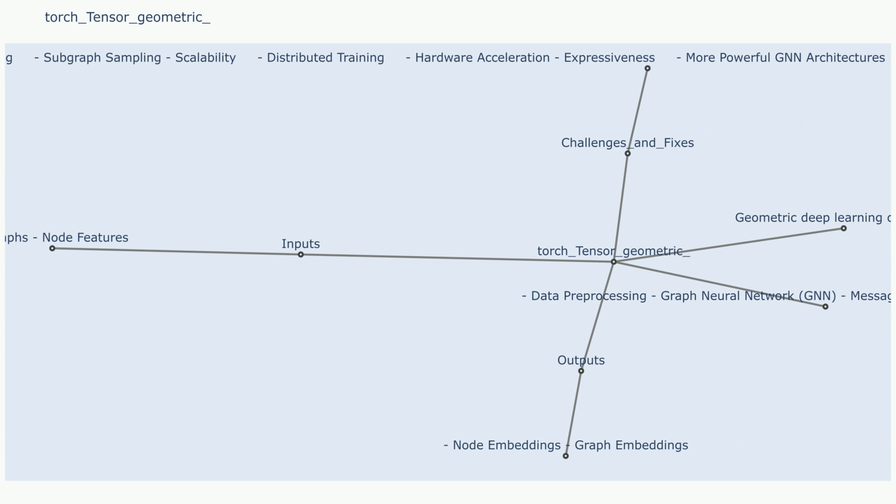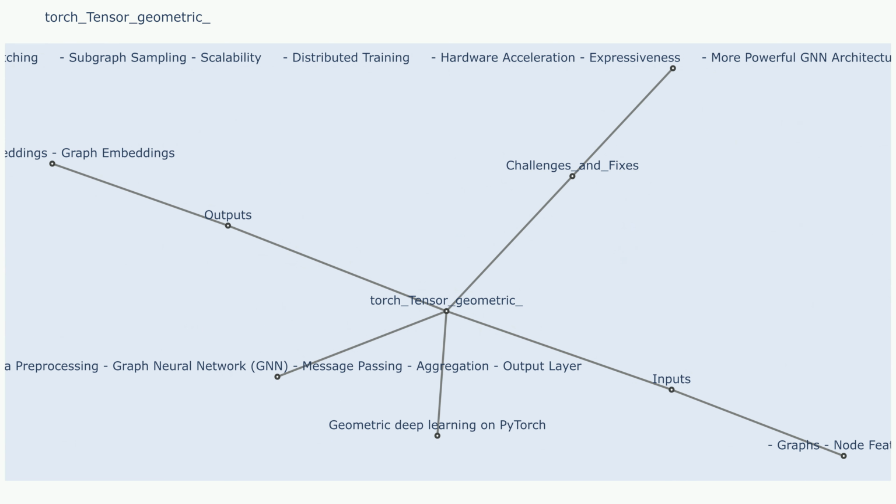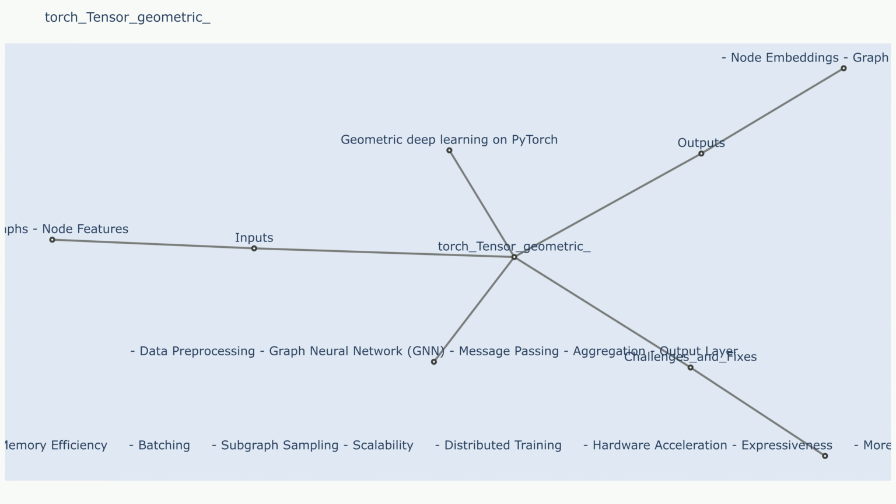This involves iteratively feeding the data to the model, calculating the loss, and updating the model's parameters to minimize the loss. Model inference: Once the model is trained, it can be used to make predictions on new data. This involves feeding the new data to the trained model and obtaining predictions.